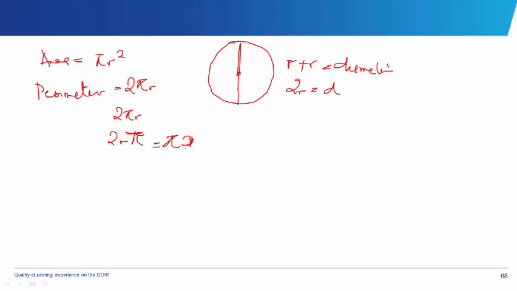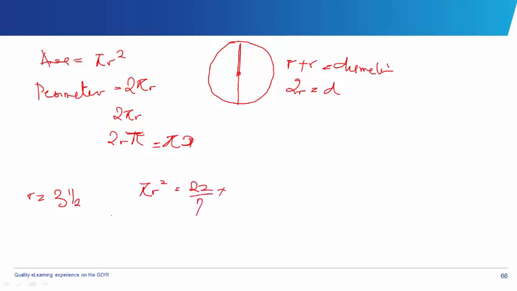Now our first example says find the area and circumference of a circle of radius 3.5 meter. Take pi equals 22/7. So we're told that the radius equals 3.5 meter. We're told to find the area and circumference. So to calculate the area equals pi r squared, which is 22/7 times r.